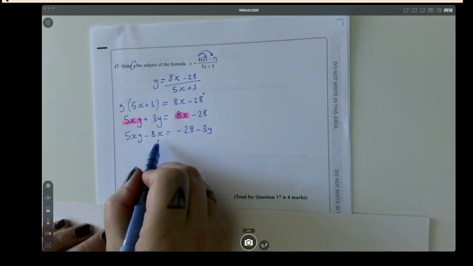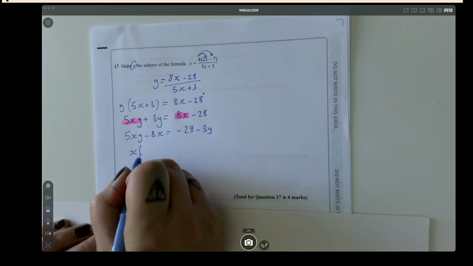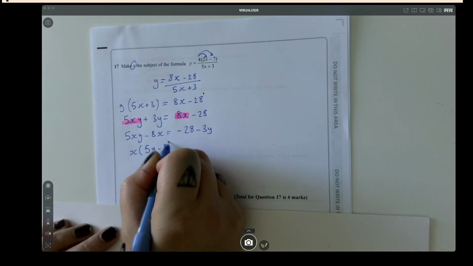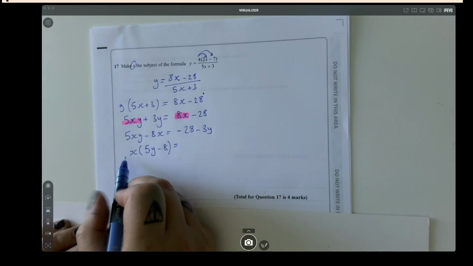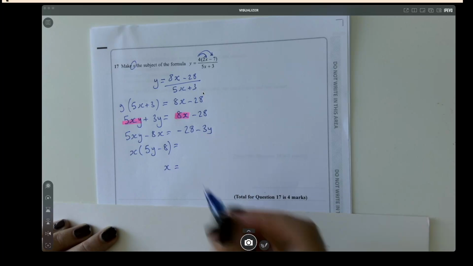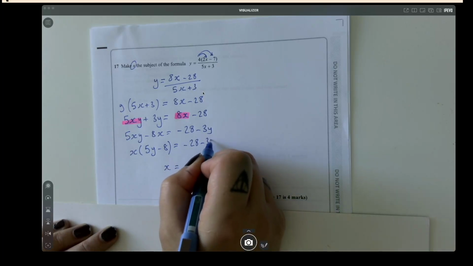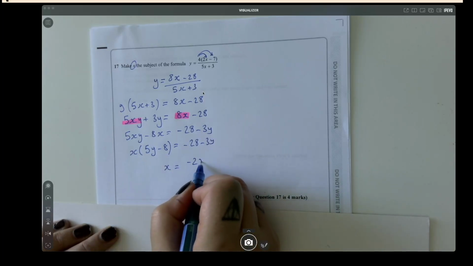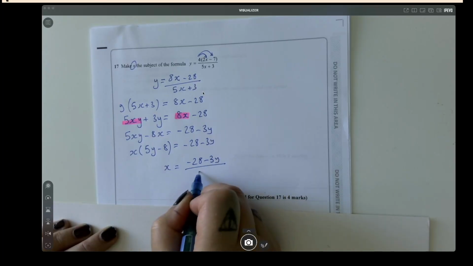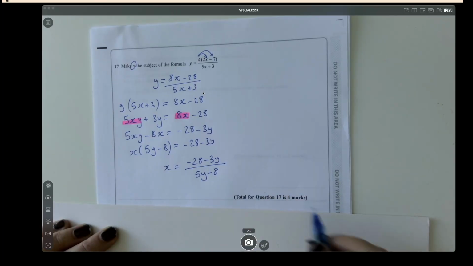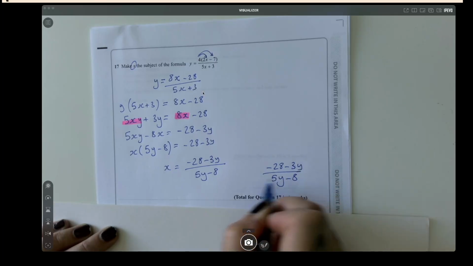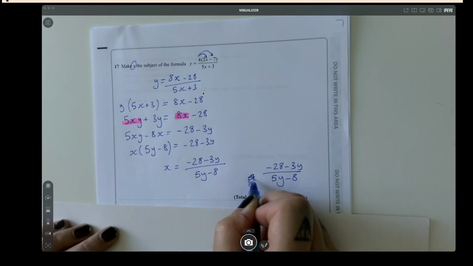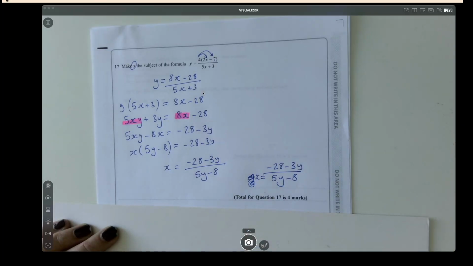Now I can factorise for x. So if I factorise for x, I get 5y minus 8 inside the brackets, and then I only have one x term, which means that I'm going to end up with x equals eventually, which is what we want. And then I'm going to divide by the bracket. So minus 28 subtract 3y over 5y minus 8. Oh, it's not y equals, it's x equals.